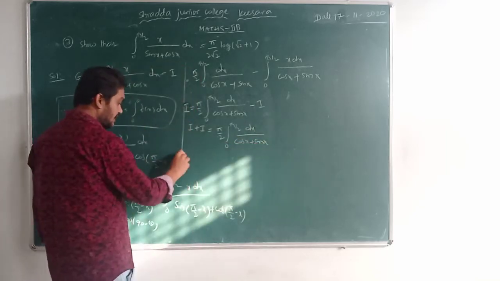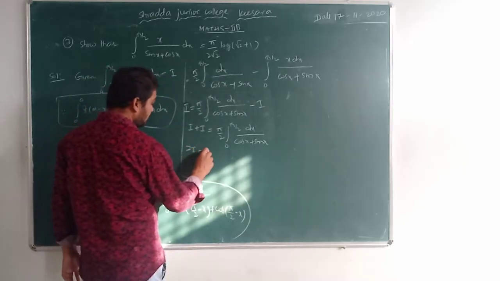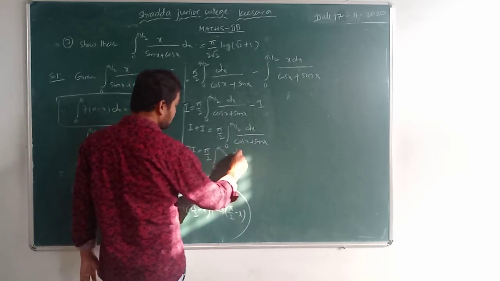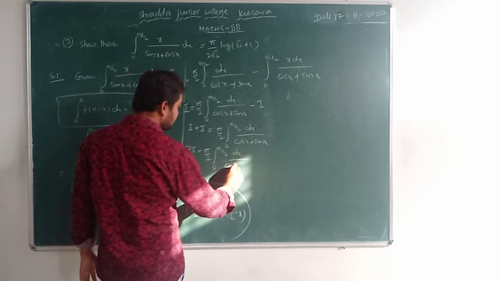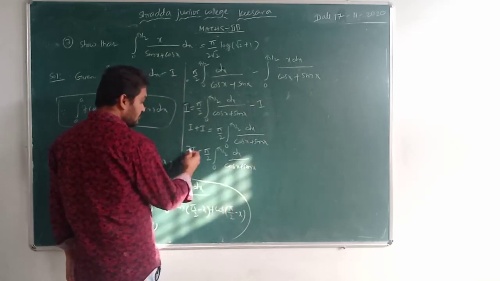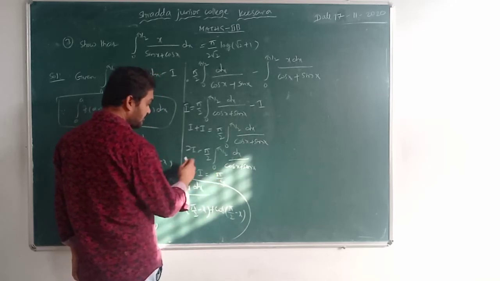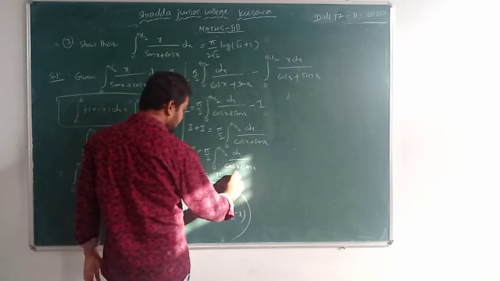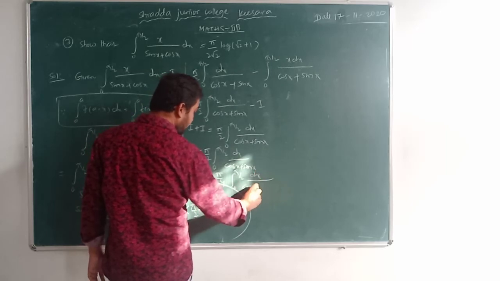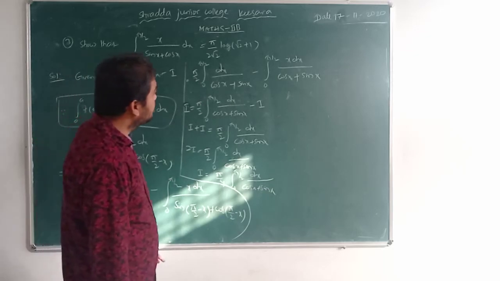What is I here? I equals pi by 4 integration 0 to pi by 2 of dx by (cos x plus sin x). Okay.